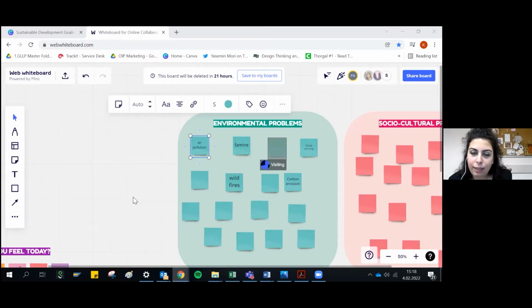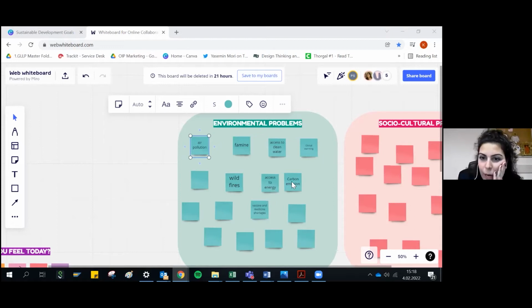Wildfires, yes. Access to energy, okay. Carbon emission, access to clean water.